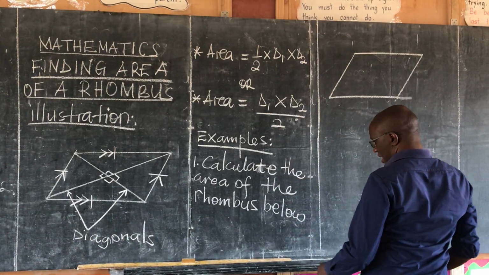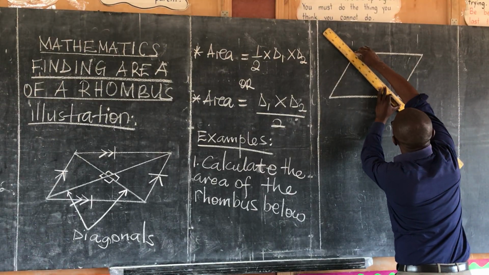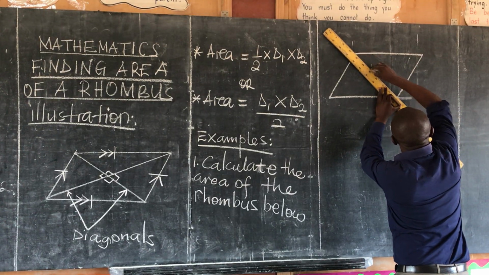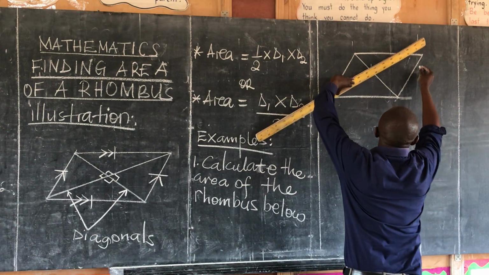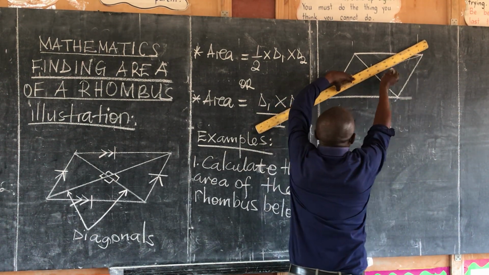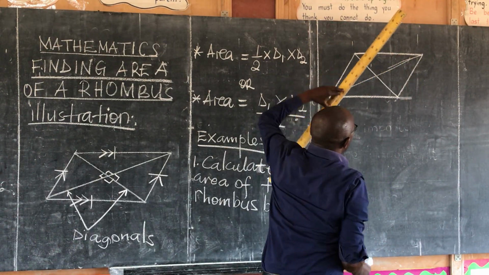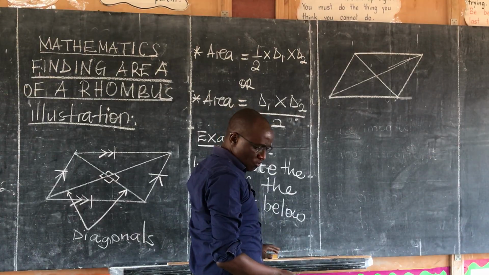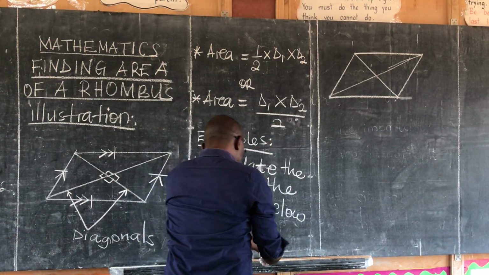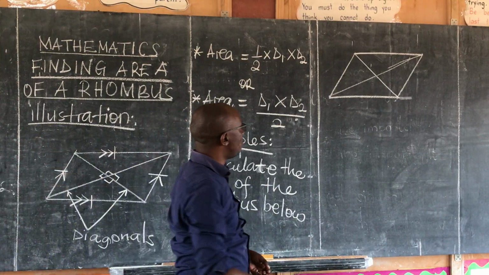Okay, these are our diagonals. Remember we said the diagonals of a rhombus bisect each other at a right angle.